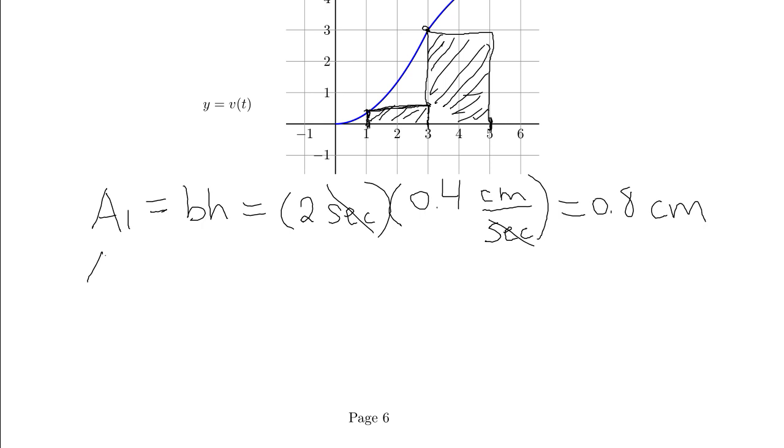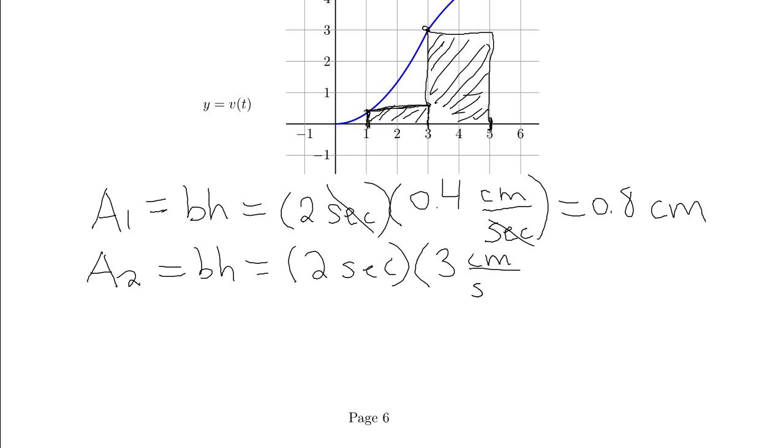Then for our second area, A2, we have base times height. Our base of our second rectangle is still 2 seconds long, between 3 and 5 seconds. And our height of our velocity curve at 3 means that's 3 centimeters per second, because it's a velocity, so it's a rate. So again, these seconds cancel out, and we're left with a distance, which is 6 centimeters.